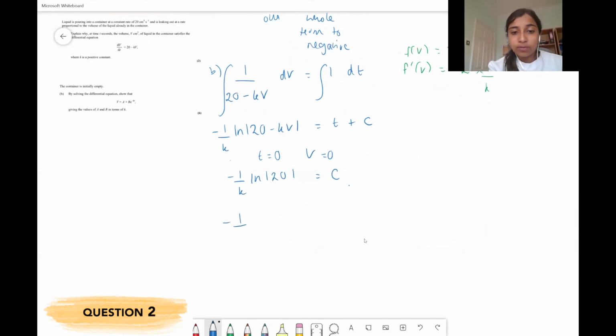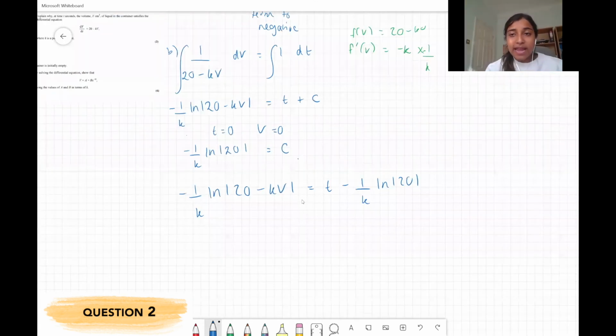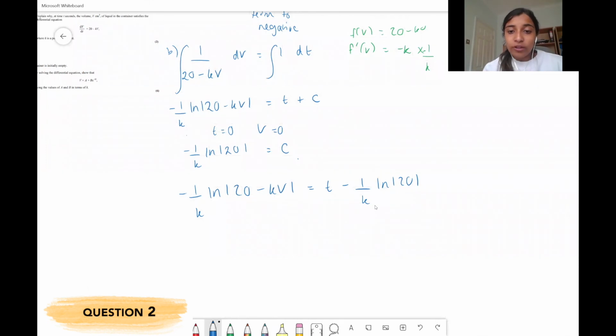So we can have minus 1 over k ln of 20 minus kV is equal to t minus 1 over k ln 20. So now if we were to add 1 over k ln 20 to both sides, we'd get 1 over k times minus ln of 20 minus kV, and then this would add, so plus ln 20, that's equal to t.